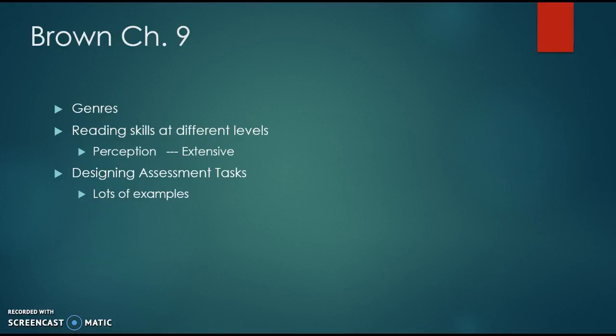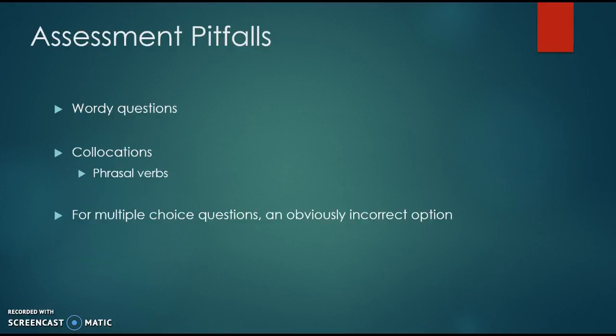So I think there's a lot of information there for you to model assessments on and to think about things. I just want to add a little bit to it, some pitfalls that I sometimes fall into, and I want to talk about those. The first one is wordy questions.